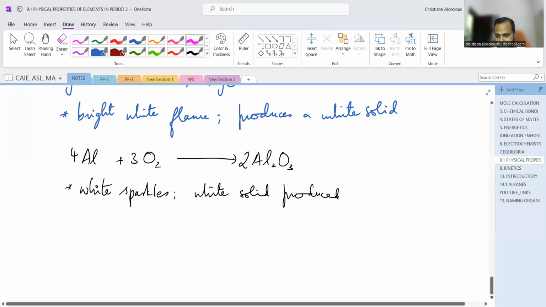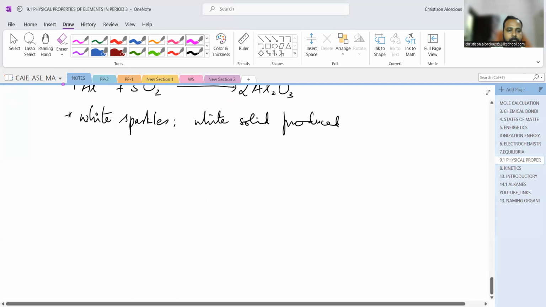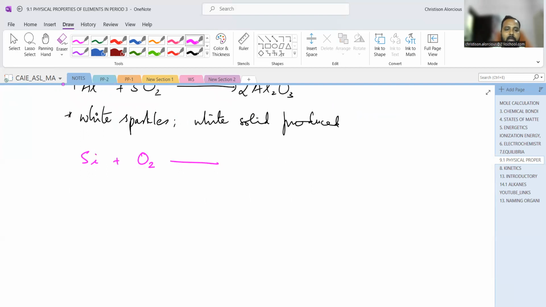The fourth one is silicon. Silicon plus oxygen, when heated, reacts to produce silicon dioxide. Depending on the type of silicon, there are quite a few allotropes, you may be required to heat it to say 1000 degrees Celsius. Another form could react at say 300 degrees Celsius.